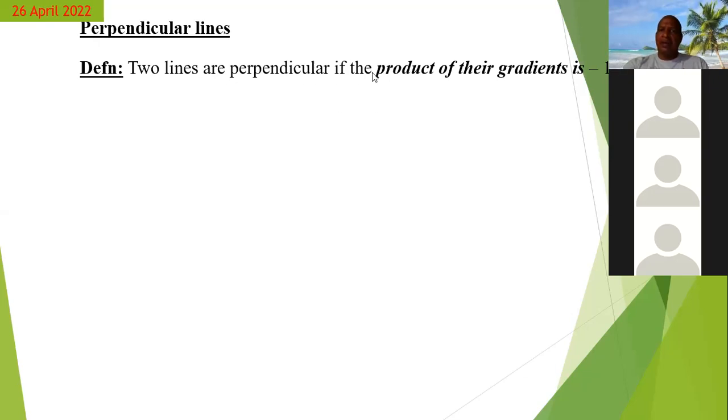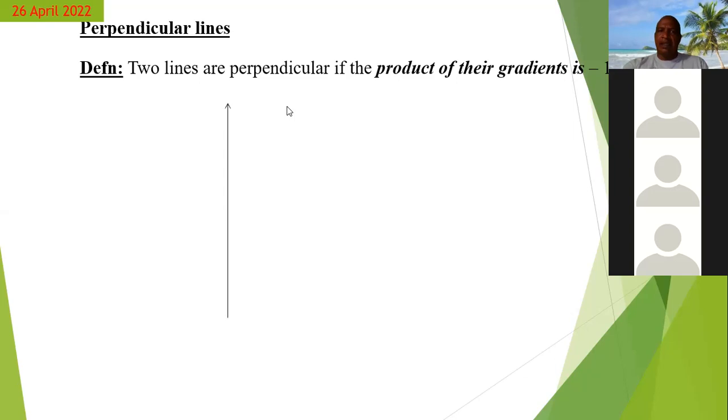Two lines are perpendicular if the product of their gradients is -1, meaning that if you multiply the gradient of one line with the gradient of the other line, you will get a product equal to -1. That is always true for perpendicular lines.